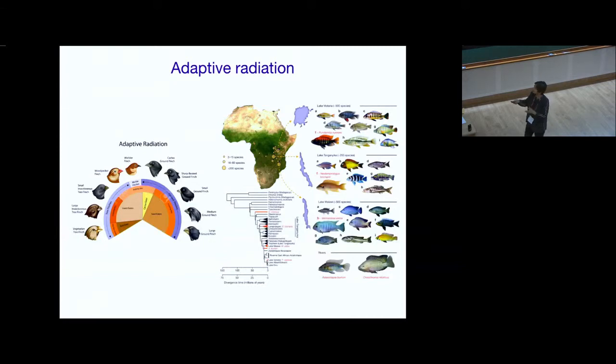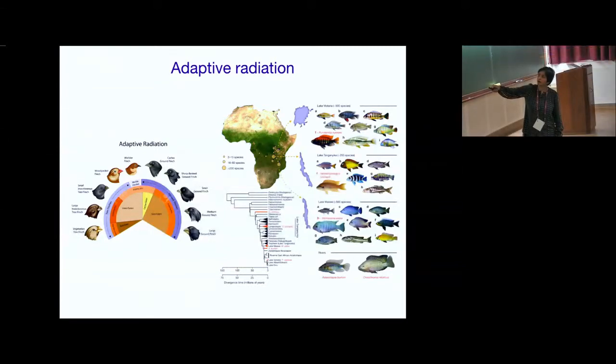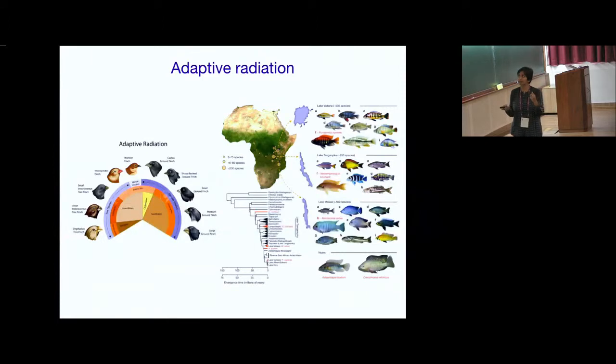Their beak shapes and the rest of their body shapes, allometry, the head shape, all of that has been shaped by what kind of nuts or seeds they are specialized to eat, or insects in some cases as well. This is an example of adaptive radiation.